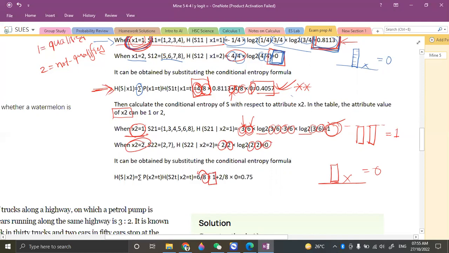And we multiply them by their conditional entropy. And then plus, how many of them are not qualified? 2 out of 8 are not qualified. And then we multiply them by their conditional entropy, right? Here it is 0. So 2 out of 8 times 0. So the result is 0.75.